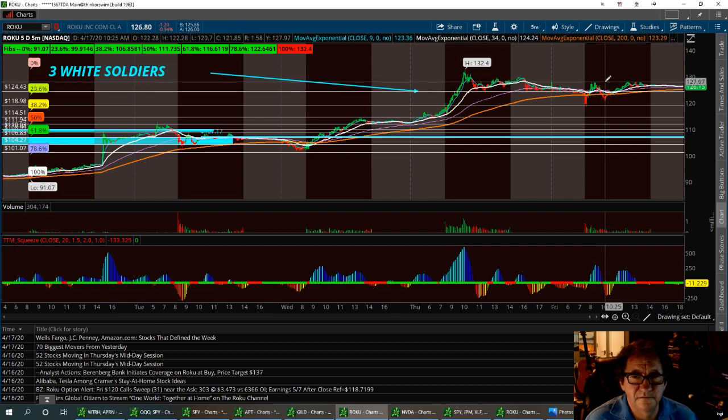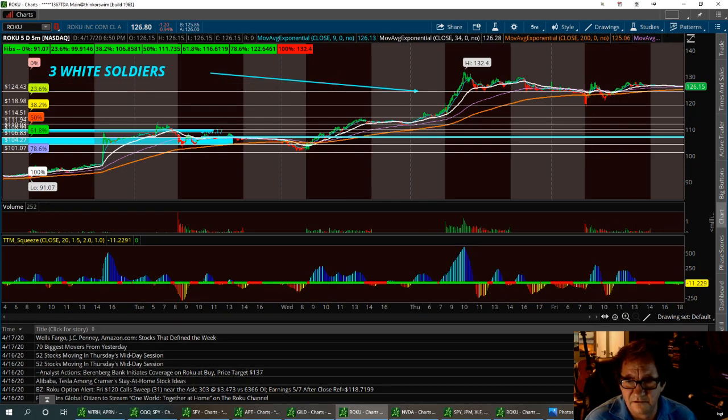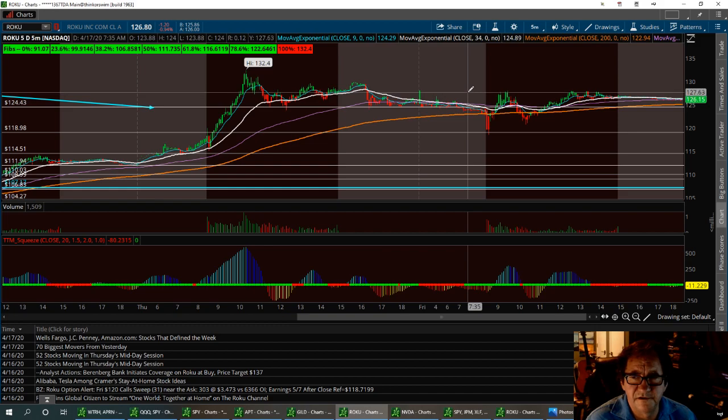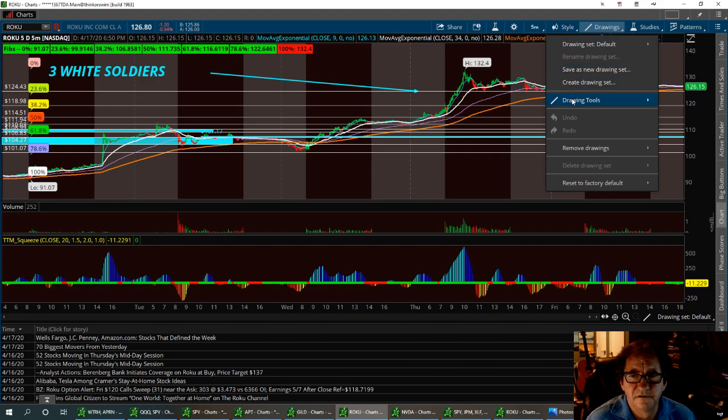So let's draw a little resistance level here on Friday right around this area at 127.63. I'll change that around.